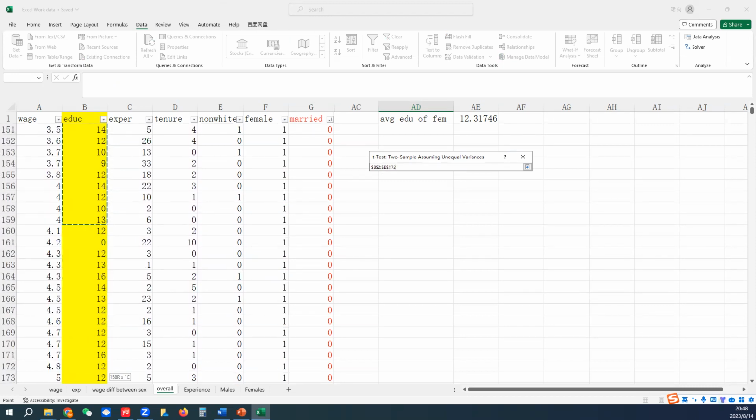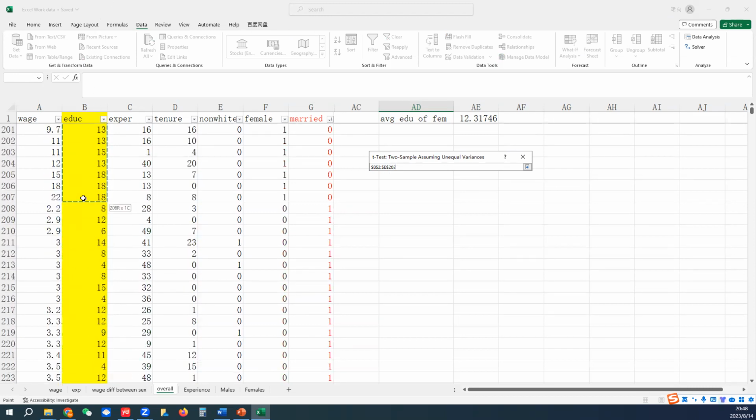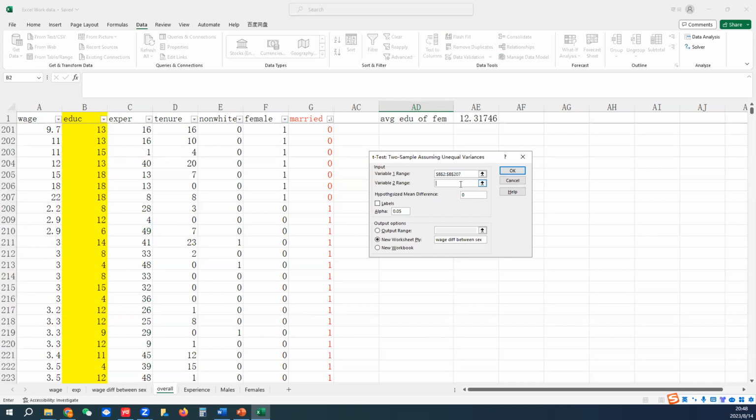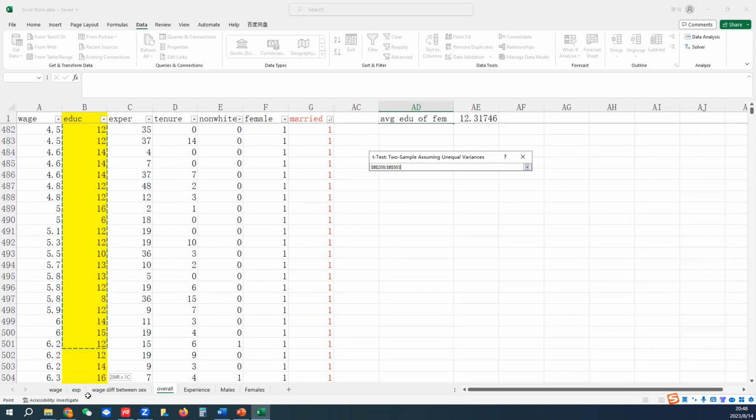We're looking at the marriage column. And then the education of married persons, marriage equal to 1. So the first group is unmarried. The group that we are working on now is married.